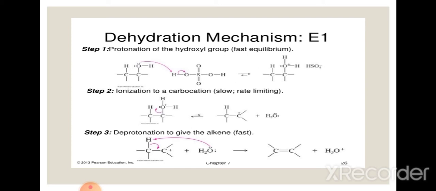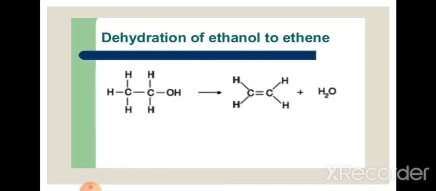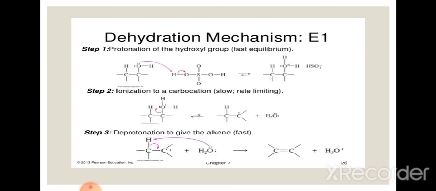Unimolecular says that the rate of the reaction depends only upon the substrate, and E2 means bimolecular elimination reaction, in which the rate of reaction depends upon the substrate as well as the attacking species.